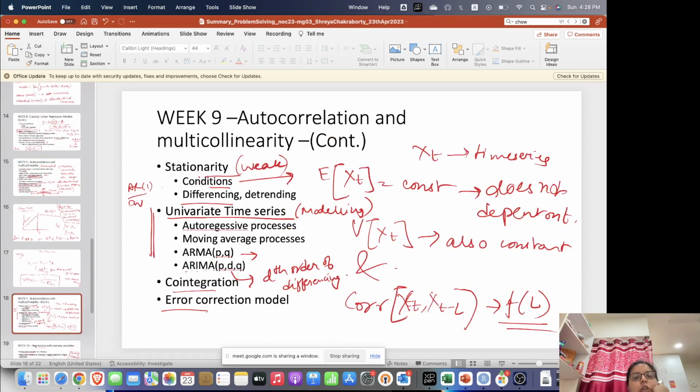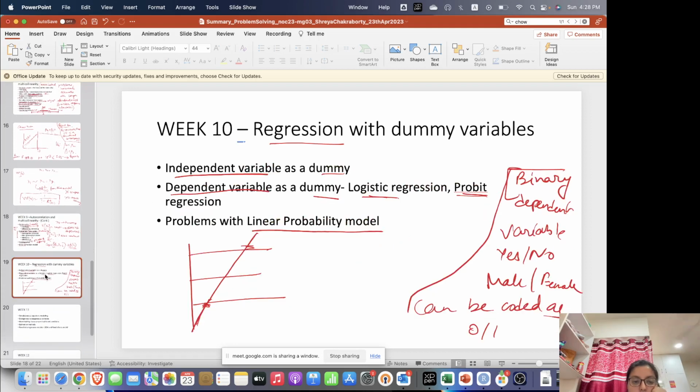Then we moved on to the concepts of stationarity, as I discussed a while back, and finally we went towards conducting regression with dummy variables. As I was saying, we could take an independent variable as a dummy and we could also incorporate the dependent variable as a dummy, and that would be logistic and probit regression.